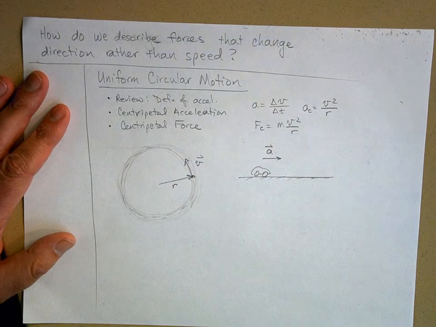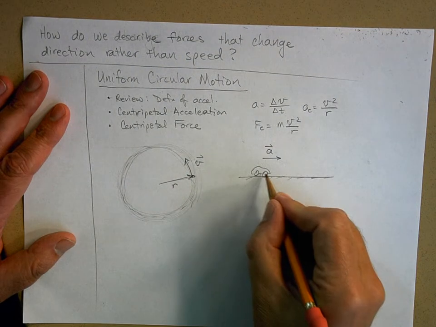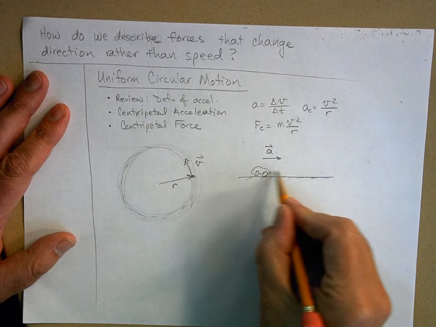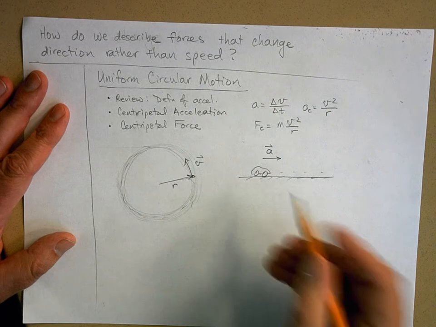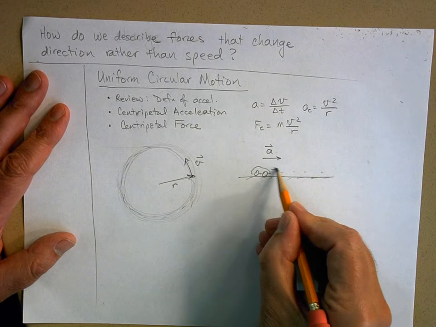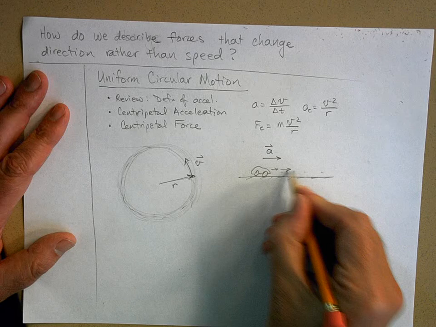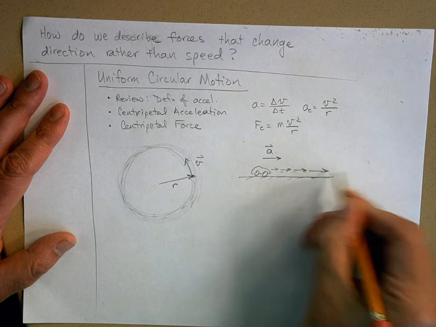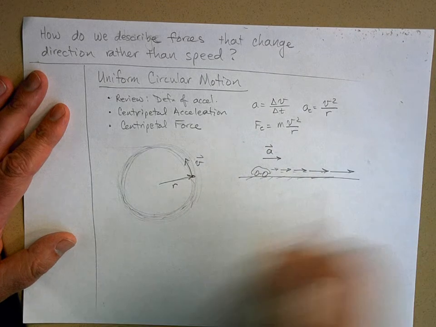Well, what is that acceleration doing? The car is going to go faster and faster to the right. The velocity vector was smaller, but then the velocity vector gets bigger and bigger. You're speeding up.